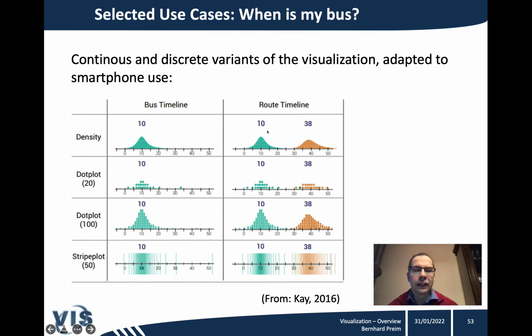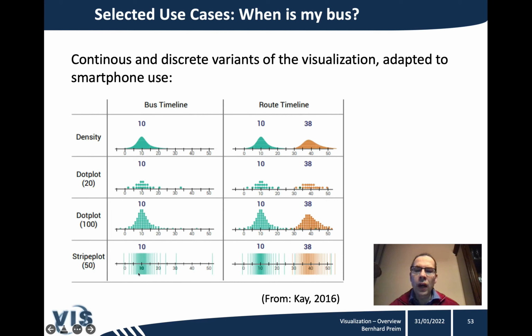So here it's predicted that the next bus comes in 10 minutes and the bus after this one in 38 minutes. And that is conveyed here in different variants with density plots. I would say that's a conventional visualization, with these dot plots where the distribution is discretized in 20 points or 100 points.